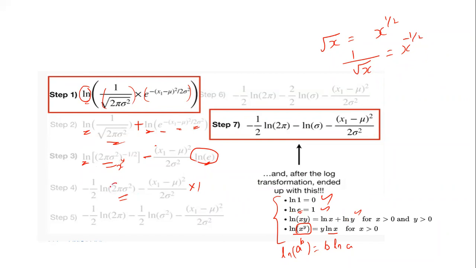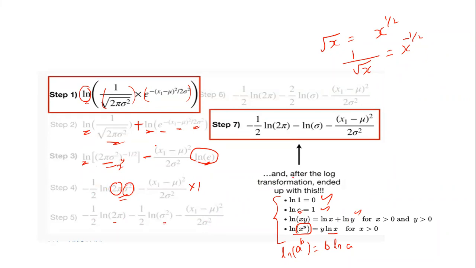So 2 pi we are taking as a separate term and sigma square as a separate term. So we can separate it out, right? So minus 1 by 2 log of 2 pi, minus, basically it's plus, but there is a minus outside. So when you bring it inside, it will become minus 1 by 2 log of sigma square minus (x1 minus mu) the whole square divided by 2 sigma square.